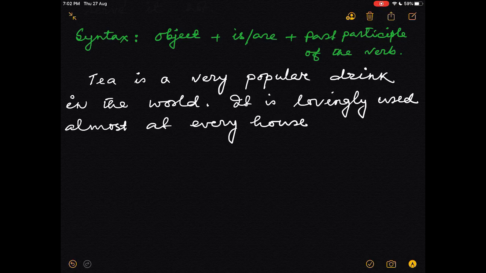It is also a passive voice. It is lovingly used almost at every house in our country.